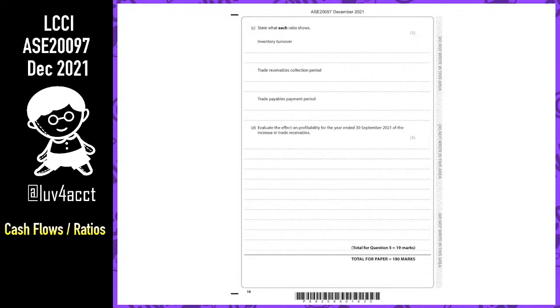Okay, so we have the last part. Seems it is different, separate from the first part. State what each ratio shows. Okay, inventory turnover.